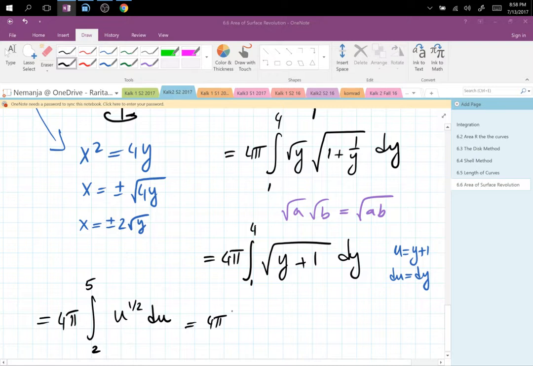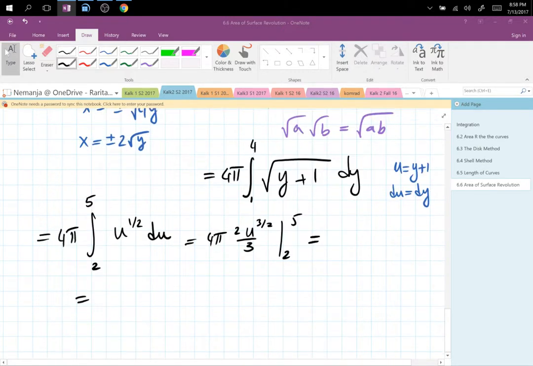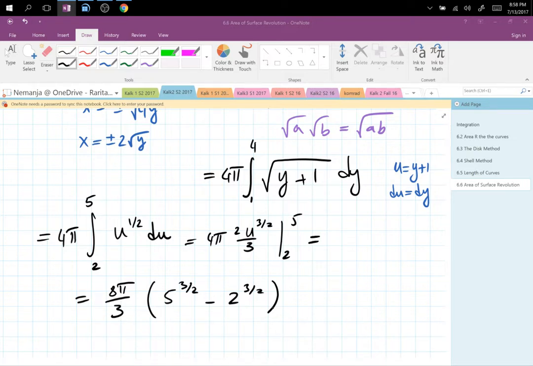So 4 pi times u to the 3 halves over 3 halves from 2 to 5, which is 8 pi over 3 times 5 to the 3 halves minus 2 to the 3 halves. And then now you calculator masters can take over and get this down to the 8th decimal place.